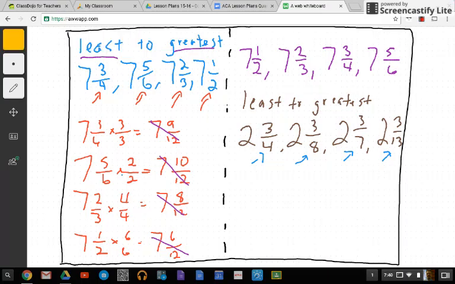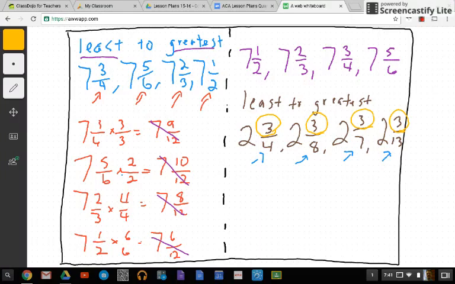One of my other strategies would be that I have the same numerator on every single one of these. This is something that always works. So if you just think about it, since the numerator is the same, the one with the smallest denominator is going to be the biggest.